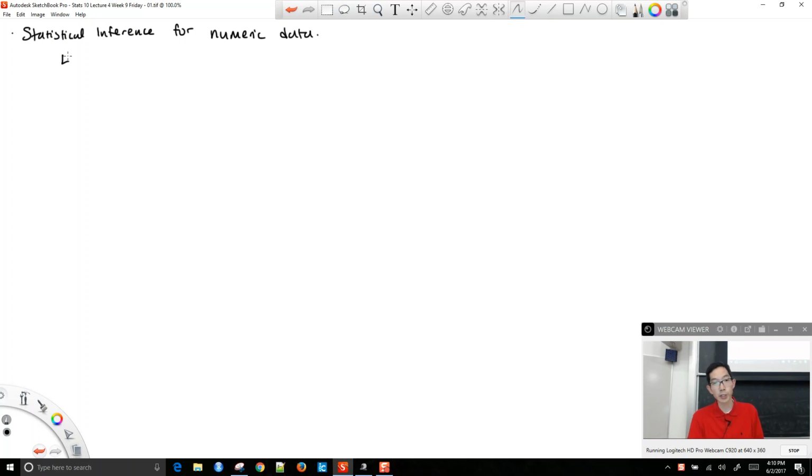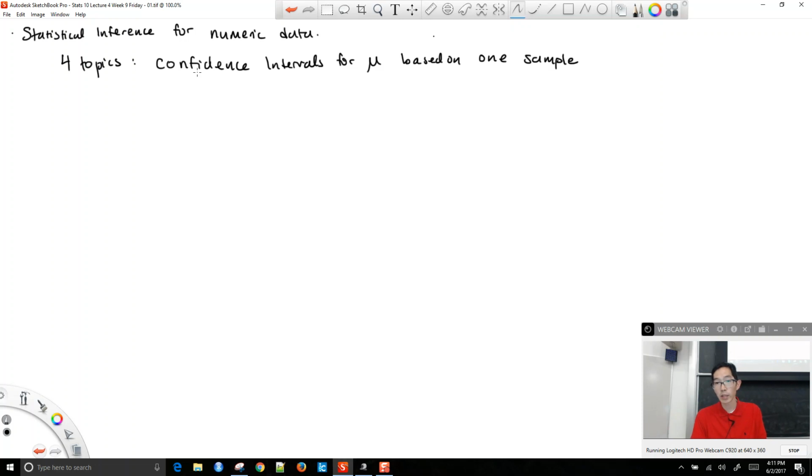And there's actually 4 topics that we're going to cover, and today we'll get through 2 of these. They're listed out on your formula sheet. We have confidence intervals for mu, or for means, based on one sample. Then we've got confidence interval for mu1 minus mu2 based on 2 samples.